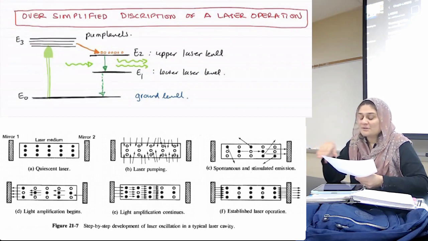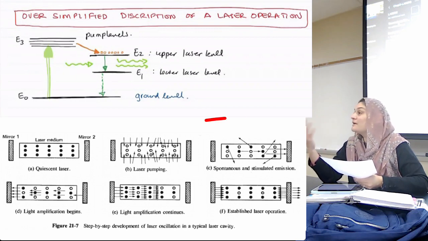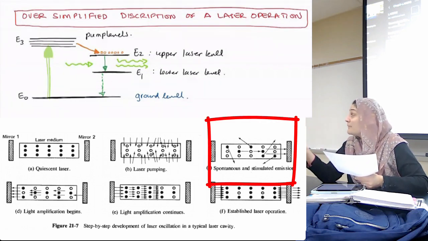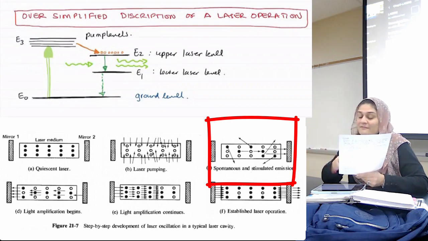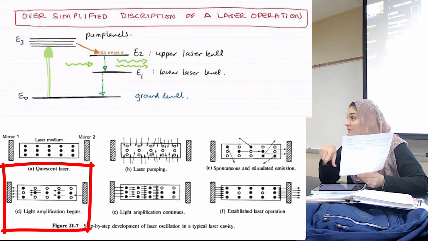But out of those emissions, if there are any light photons, why do I keep saying electrons? Any light photons that are not in the right direction when they come out, they are lost in the gain medium. The only ones that survive are the ones that will be reflected back from the mirrors. That is why the mirrors are so important to be there.